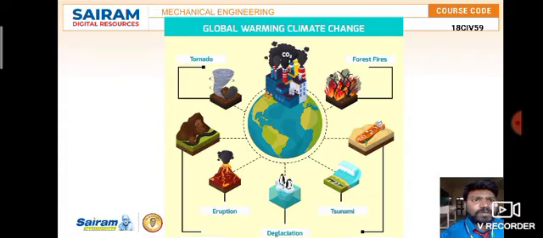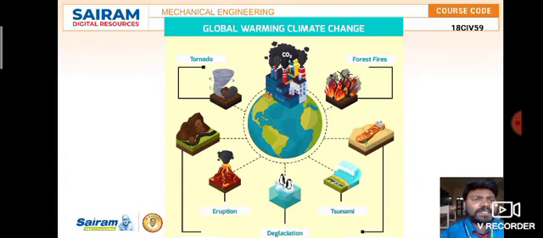Now, coming to global warming and climate change, there are forest fires and different things responsible. The first and foremost thing is the industries, the carbon dioxide coming out from the industries, which is a major threat for all of us. Then there are forest fires, tsunamis, some natural calamities, soil eruption and tornado.